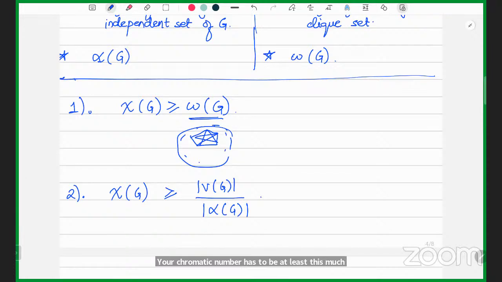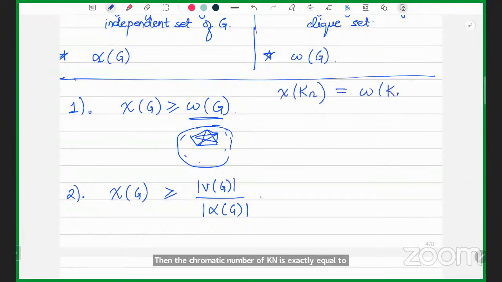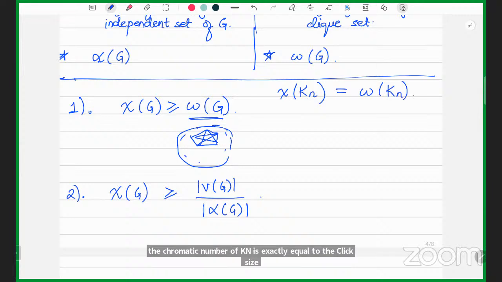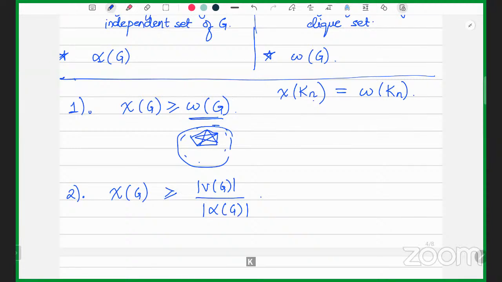But one thing is noteworthy here: if I am working with, let's say, Kn, then the chromatic number of Kn is exactly equal to the clique size. Kn meaning complete graph on n vertices. And this is the clique size, which means this is again n.